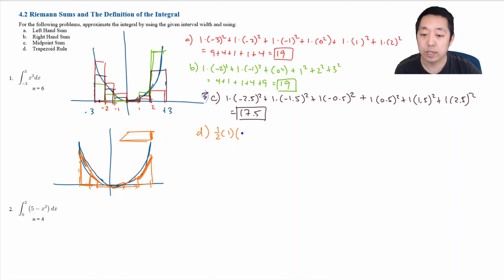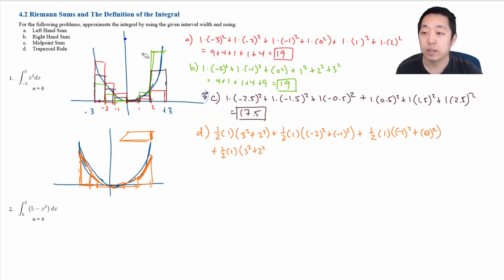And so that would be negative 3 squared plus negative 2 squared, which is fine. So 1/2 times 1 plus negative 2 squared plus negative 1 squared, plus 1/2 times 1 of negative 1 squared plus 0 squared, plus 1/2 times 1 of 3 squared plus 2 squared.